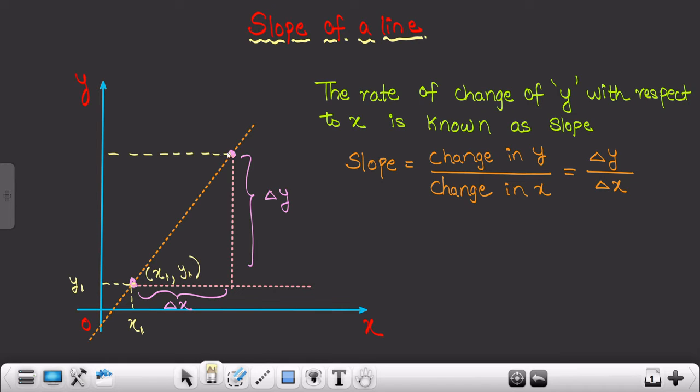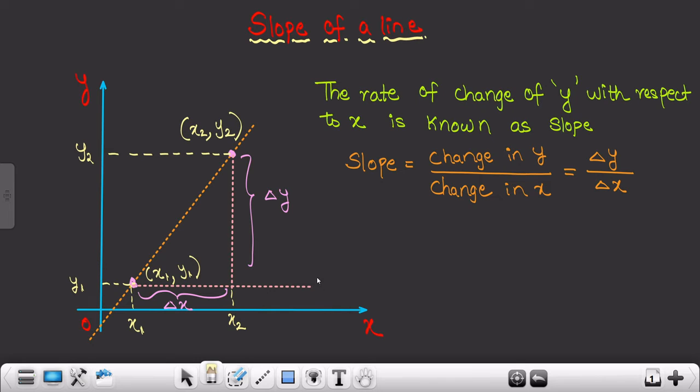I'm drawing it with a rough hand. Let's suppose this is y2, and obviously this point is x2. So I will write the second point as x2 comma y2.